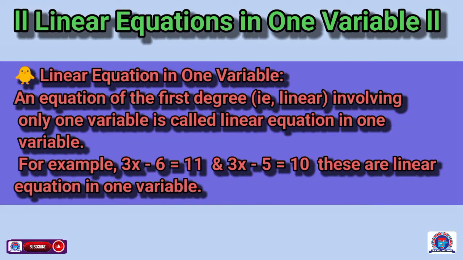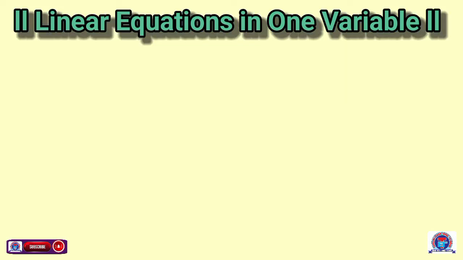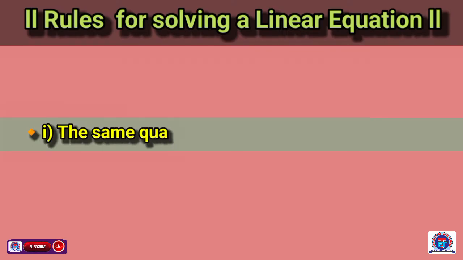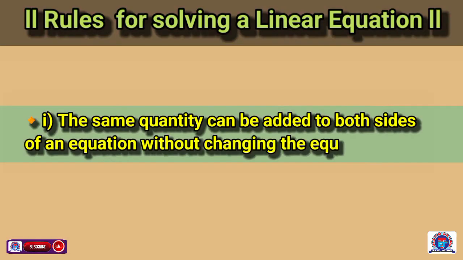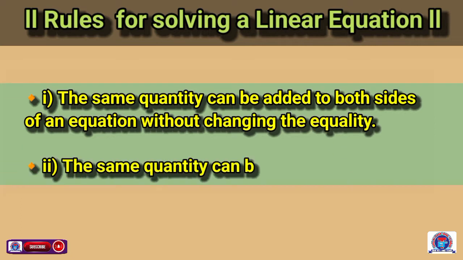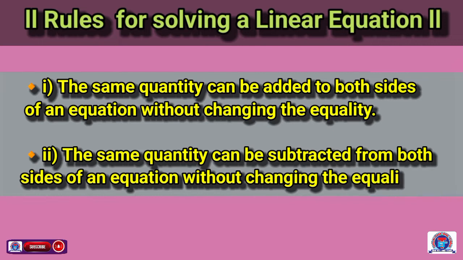Now dear student, we understand how to solve the linear equation. Here we follow some rules to solve an equation, correct? So here first we remember: number 1, the same quantity can be added to both sides of an equation without changing the equality.